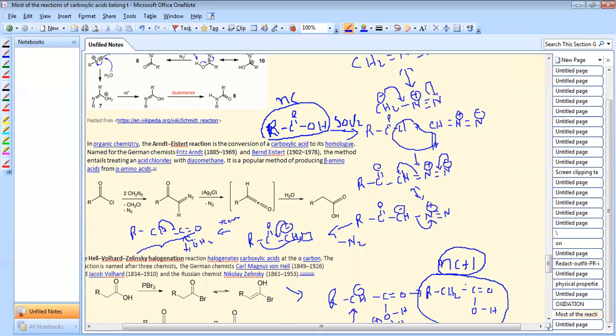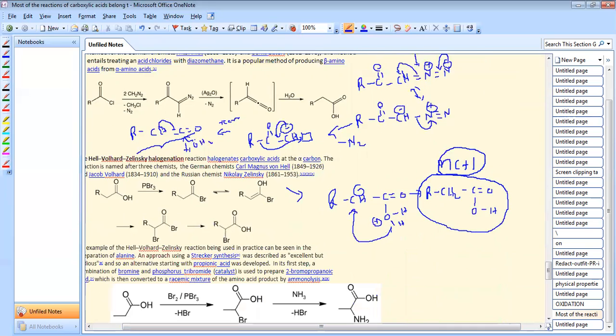So, from a lower carboxylic acid to a higher carboxylic acid. This reaction is generally used to prepare carboxylic acids with a higher number of carbon atoms from lower carboxylic acids.